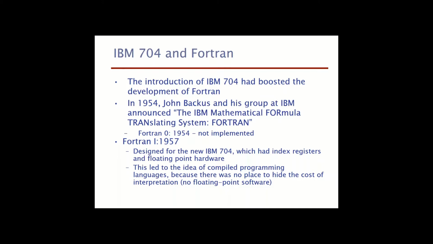Hardware back then, as I said, the IBM 704 was not fit for floating point. So they needed software to simulate the process of floating point. They took the guideline in Fortran 0, then improved it into an implemented version. They called it Fortran 1.